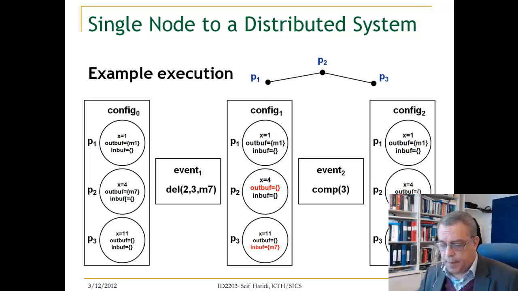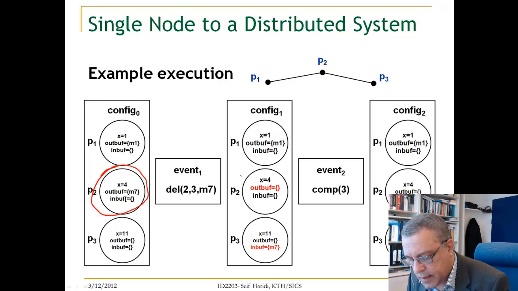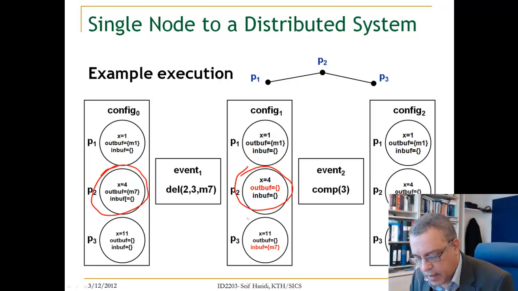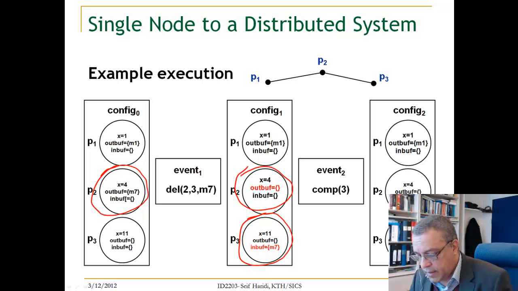So here is an example. We do a delivery event from node 2 to node 3 of message M. Here is our node 2, and we can see that the message is removed from the output buffer and the message is added to the input buffer of node 3. And this is a computation event on node 3.